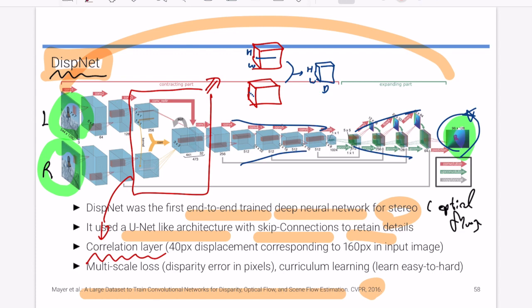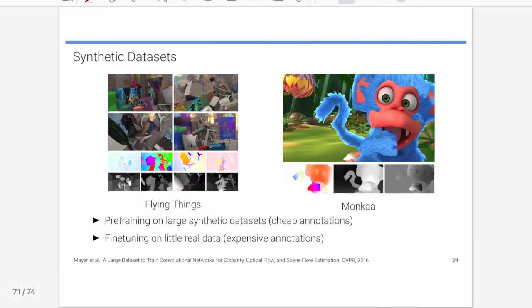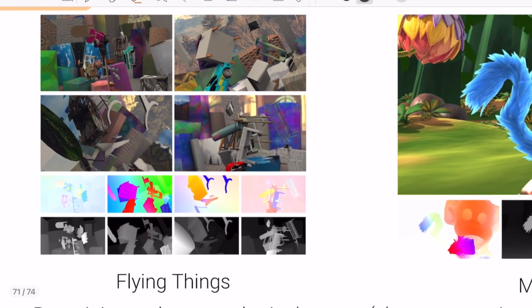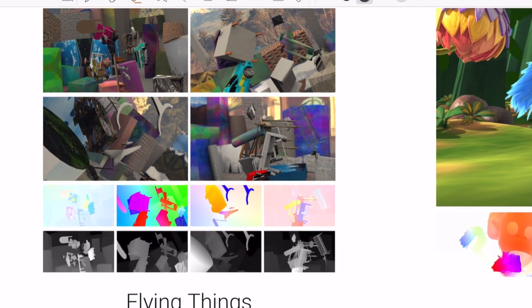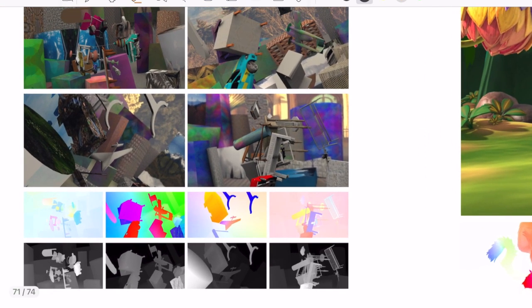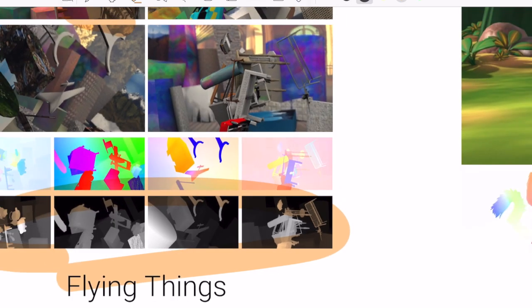Of course, they propose some kinds of techniques like multi-scale training or curriculum learning or whatever. And in this paper, they use a synthetic dataset. It's not real data, but generated by a graphics engine. In this case, the image quality is really high, and the ground truth disparity maps are very accurate compared to real ones, like the KITTI dataset.